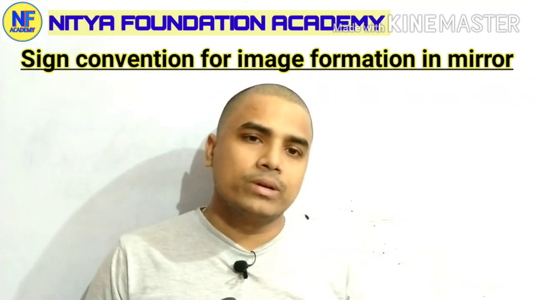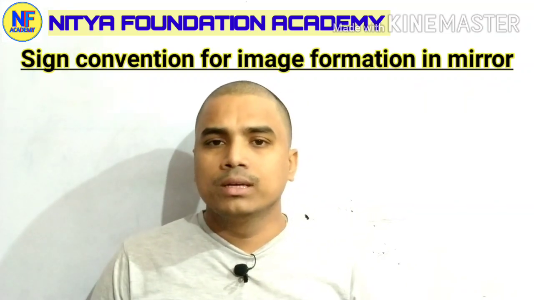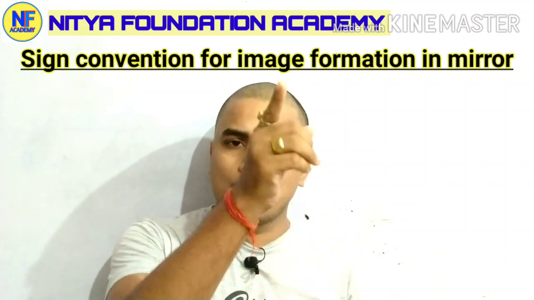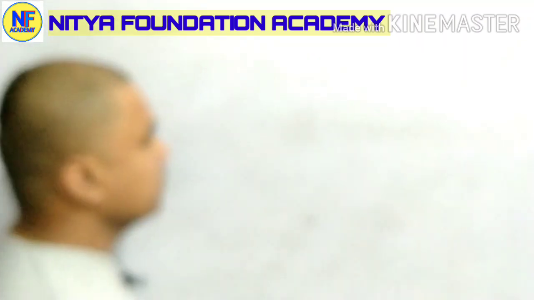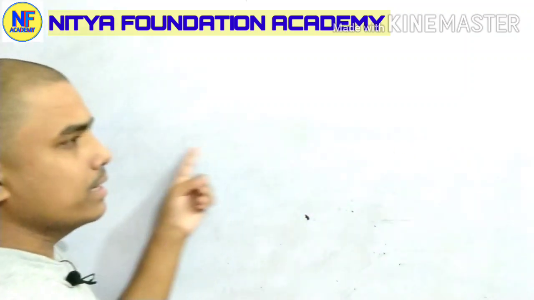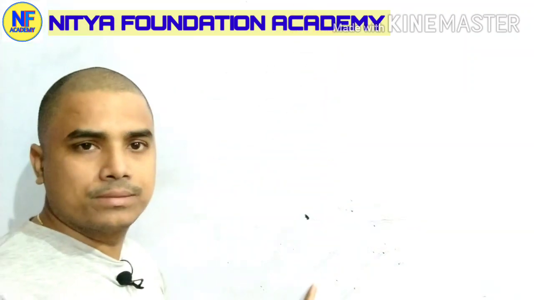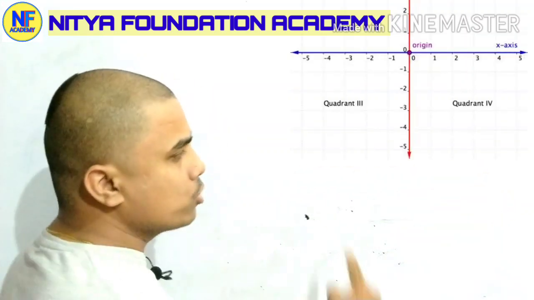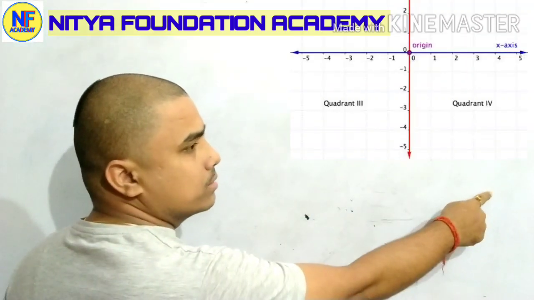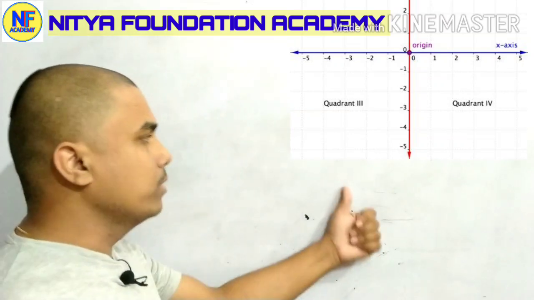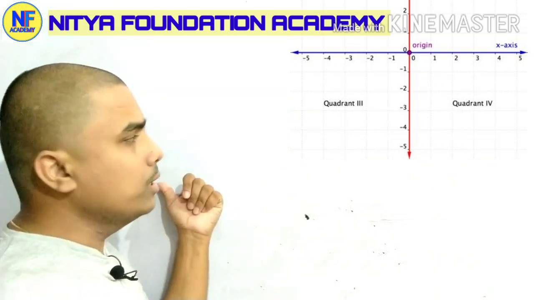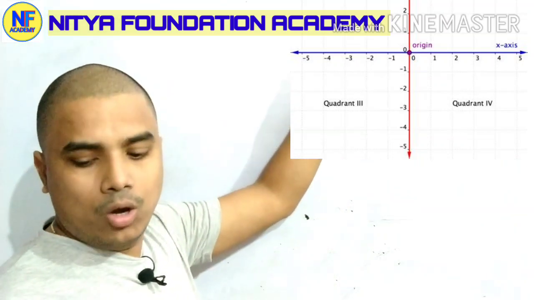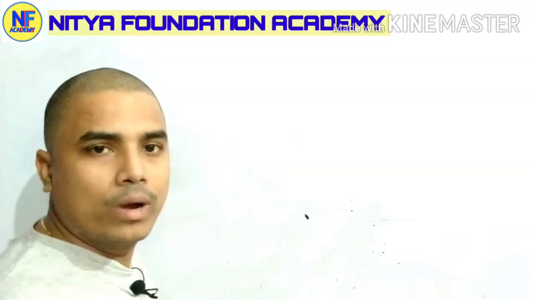Basically, as you have studied before, the Cartesian system has an x-axis and a y-axis. On the x-axis, all the positive numbers are on one side and all the negative numbers are on the other side; on the y-axis, all the positive numbers are at the top and all the negative numbers at the bottom.